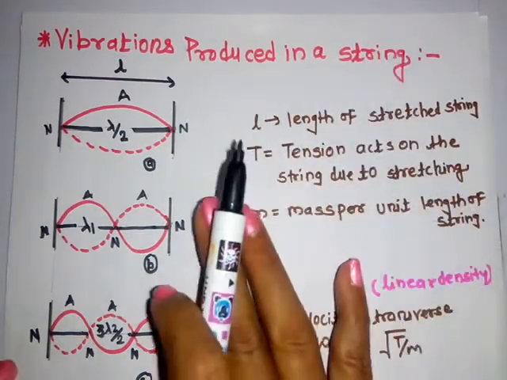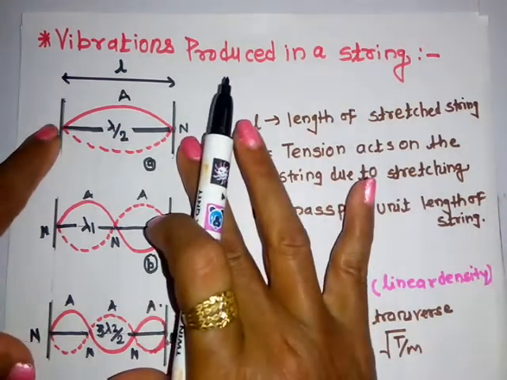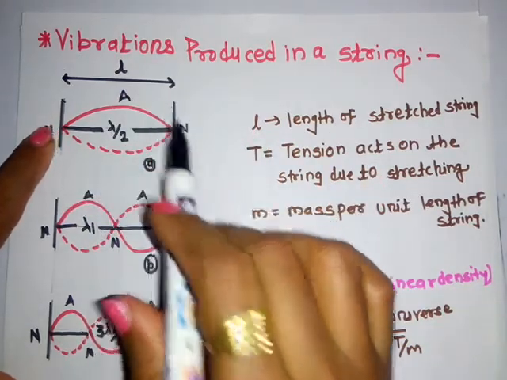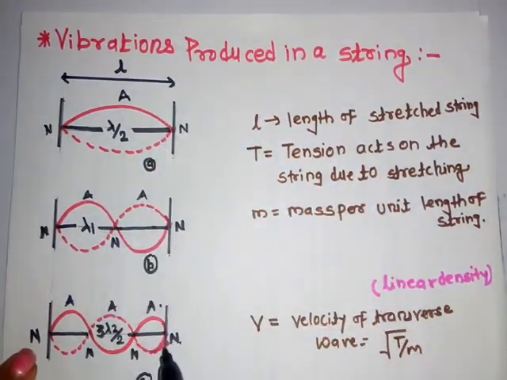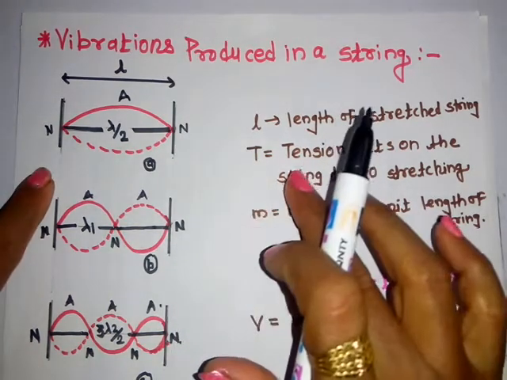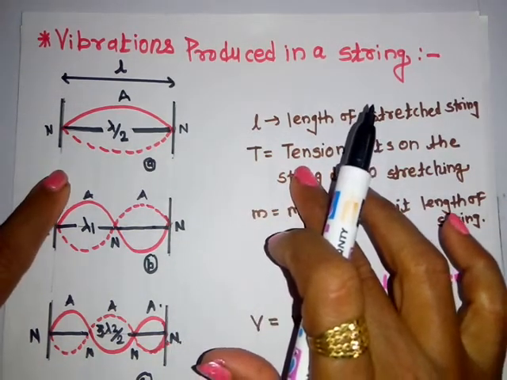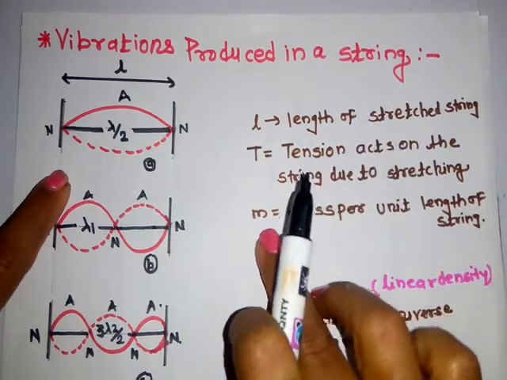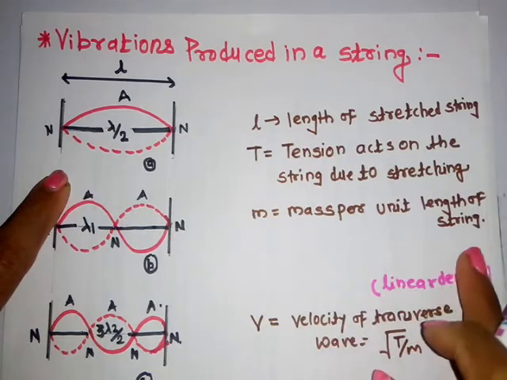Students, in this case, consider a string of length L stretched between two rigid supports, and T is the tension acting on the string due to the stretching, and m is the mass per unit length of the string.